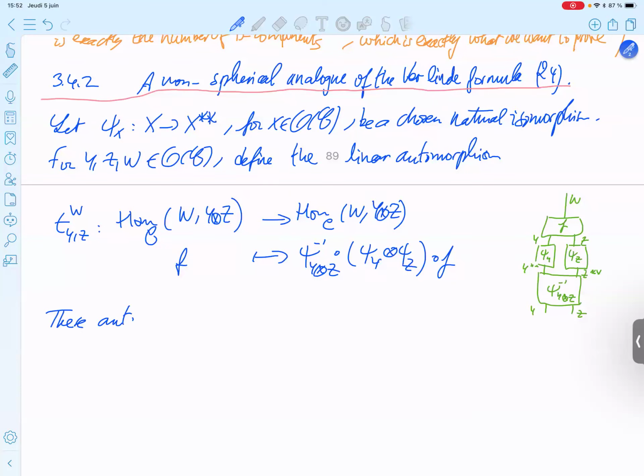This automorphism quantifies the failure of phi to be monoidal.